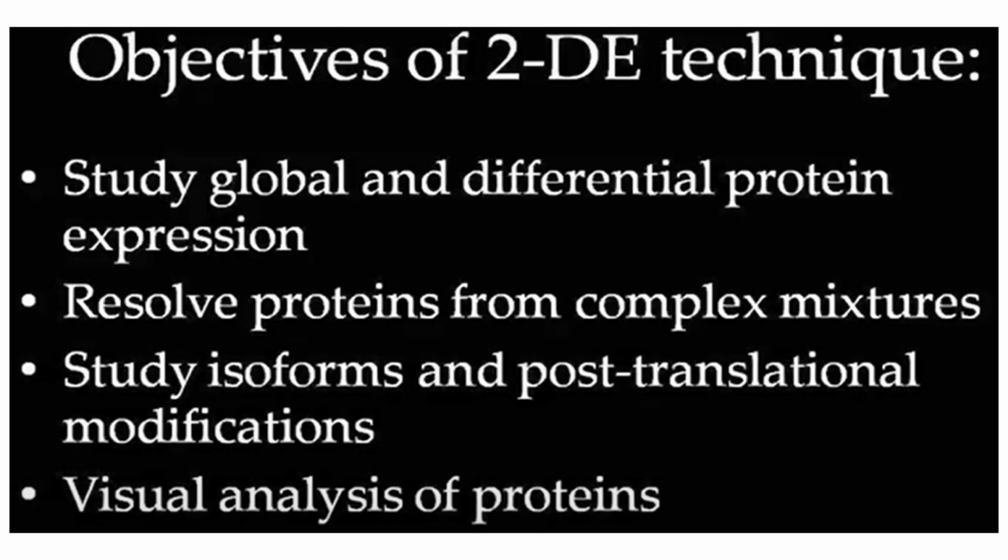You can study that in this technique, as well as visual analysis of protein. As I just said, in image analysis you can do a bit of visual analysis by comparing the results between the wild type or control and the disease or mutated strain.